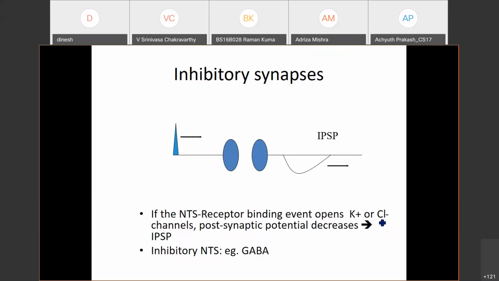When you open a chloride channel, chloride goes from outside to inside, because that's how the distributions are maintained. So in both cases, potassium and chloride, the effect of opening the channel is to reduce the voltage, to take it to more negative levels. One typical neurotransmitter which has this kind of effect is called GABA, which stands for gamma aminobutyric acid.